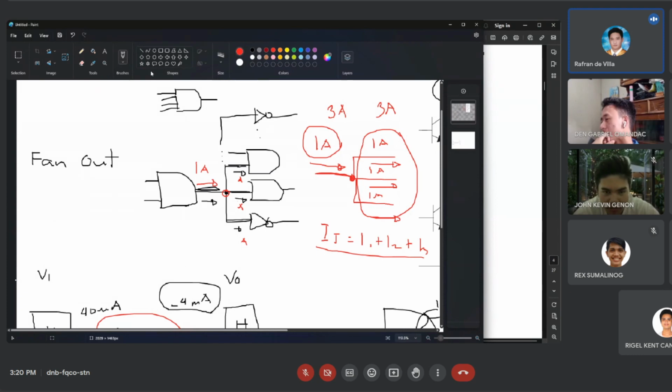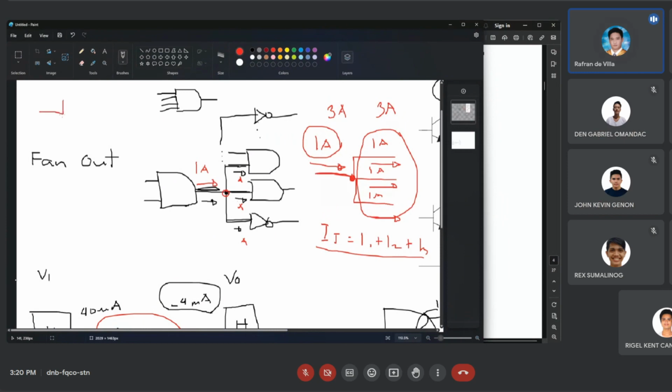Hala, nag-discuss ang noon ka ni KCL, malimot na sila. Kung parallel nga connection, di ba? Ang current is equal to the summation of your current leaving the node.